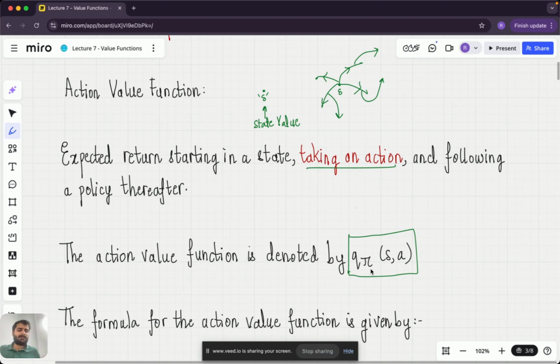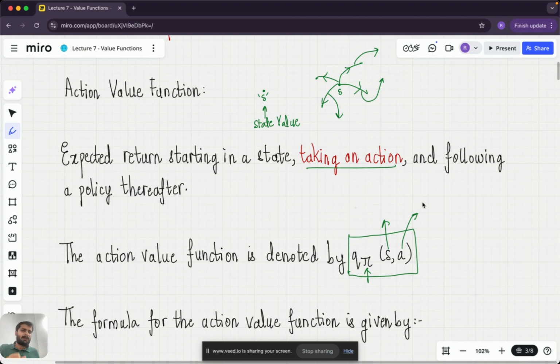And again we have the subscript here which is denoted as pi. But here you can see the action value function has two parameters, which is different than the state value function which only had the state s. Along with the state s, now we also have the action a which is taken by the agent. So the action value function depends not only on the state of the agent but also on the action which the agent takes.